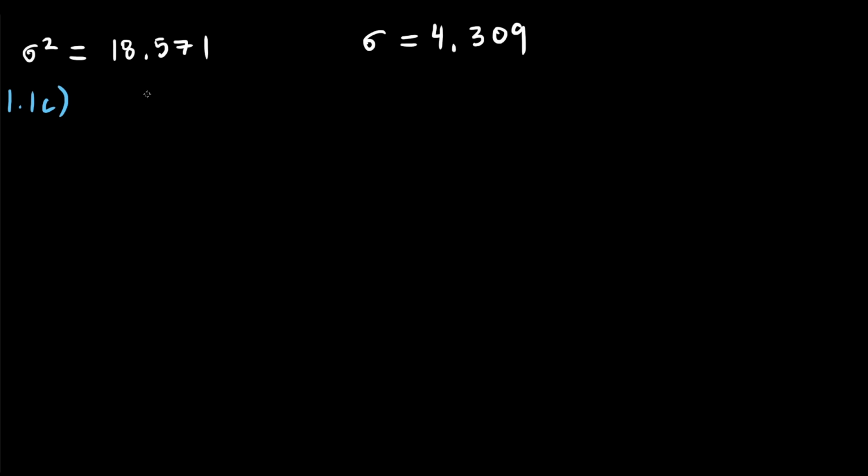Question 1.1c asks us to use the alternate form of the standard deviation equation, which is sigma equal to the square root of the expectation value of j squared minus the square of the expectation value.